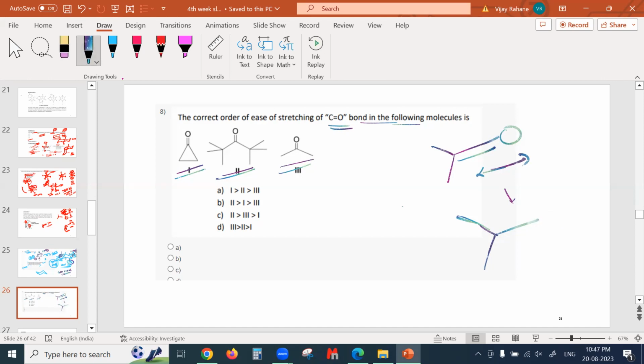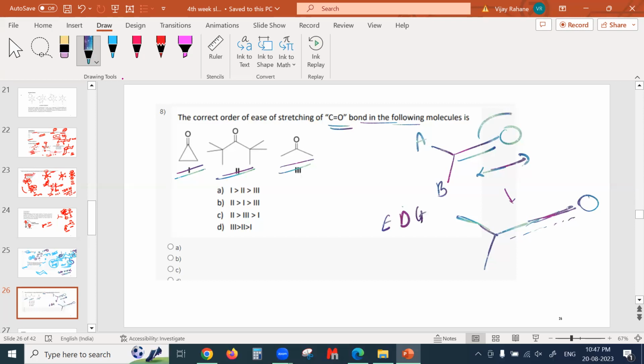So how easily can we stretch this double bond? We need to weaken the double bond. This is possible when the attached groups, A and B, are electron donating groups.